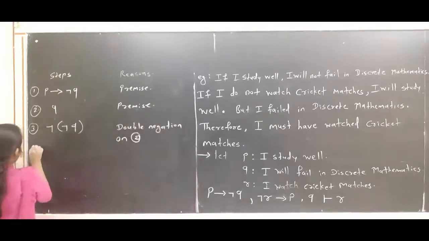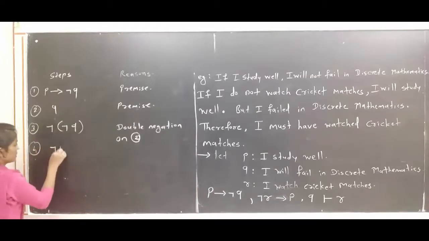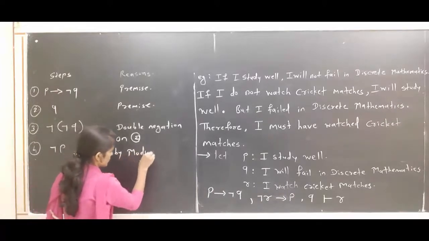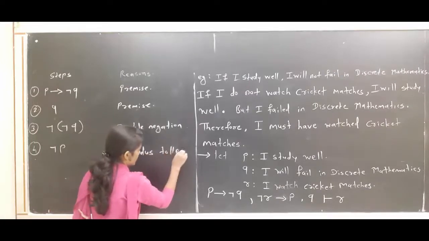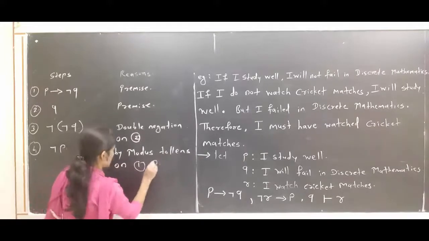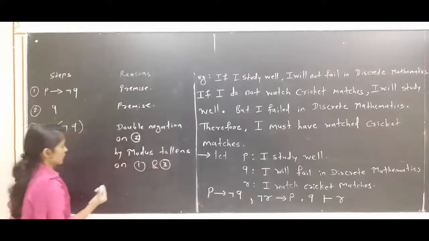So we get negation P by modus tollens on first and third.